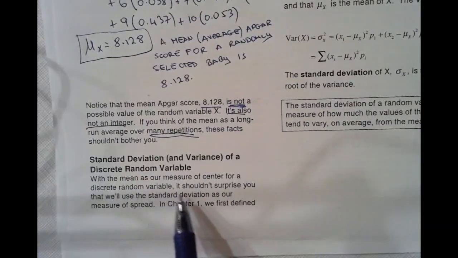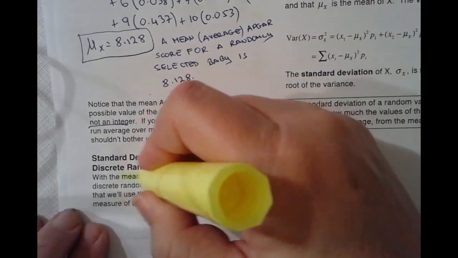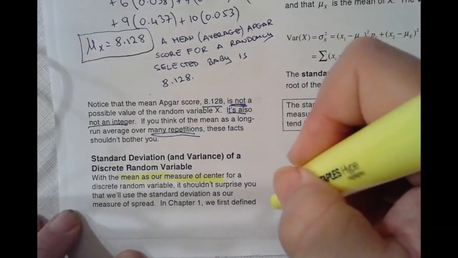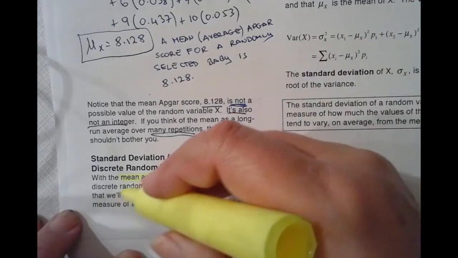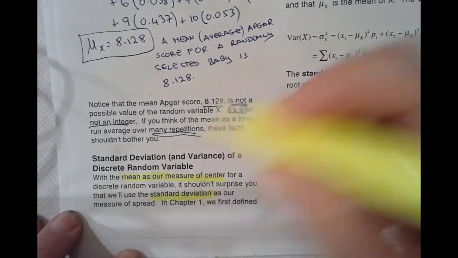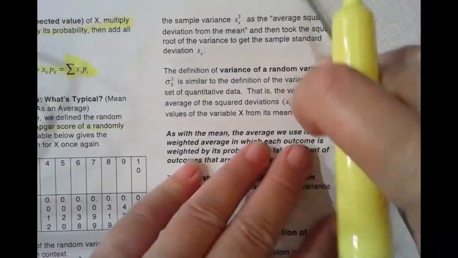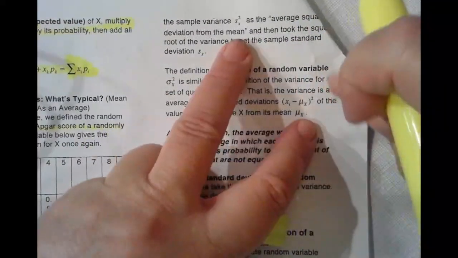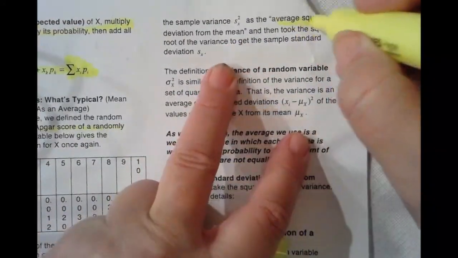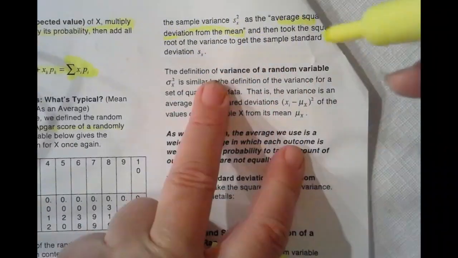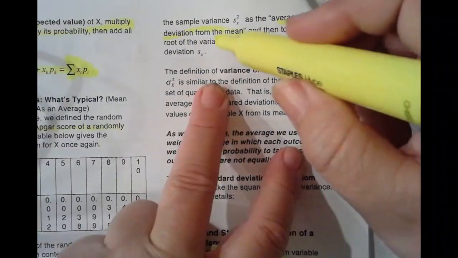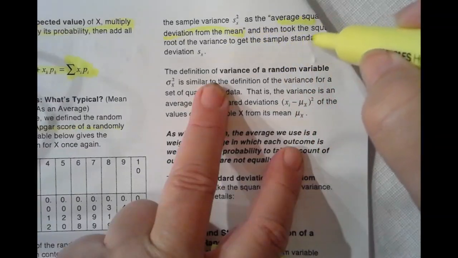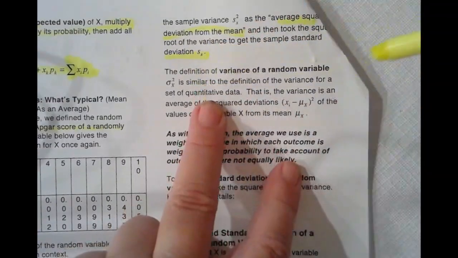Okay. Standard deviation and variance of a discrete random variable. With the mean as our measure of center for a discrete random variable, it shouldn't surprise you that we use the standard deviation as our measure of spread. In chapter 1, we defined the sample variance as s squared, the average squared deviation from the mean, and then took the square root of the variance to get the sample standard deviation s of x.